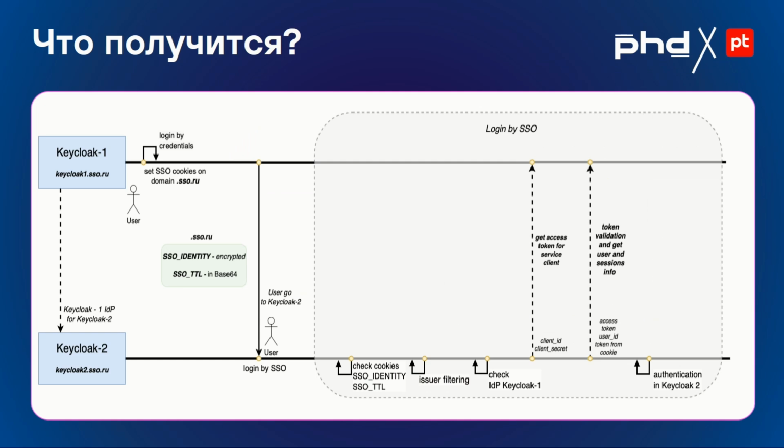So if we put it in the scheme, this is what we have. You have the two Keycloaks. The user goes to the first Keycloak, and they can use any factor. At this point, cookies are generated, and then they decide to go to the second Keycloak, and after the first entry, they have a cookie.